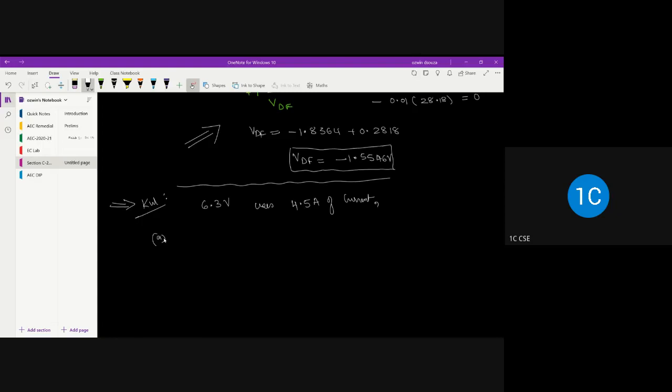First part, what resistance R should be placed in series with this radio if it is to be used in a 12.6 volt system.